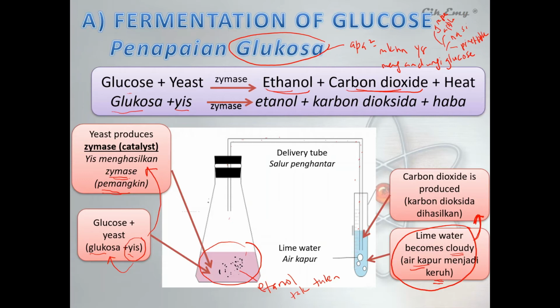Okay, so satu lagi, apabila awak melakukan proses ni, awak akan dapati yang ini dia akan rasa panas, ada haba terhasil. So ingat balik, if the process produces heat, it means that this process is exothermic. Okay, yang ni kita belajar masa form 2 kan. So proses ni adalah proses exothermic.